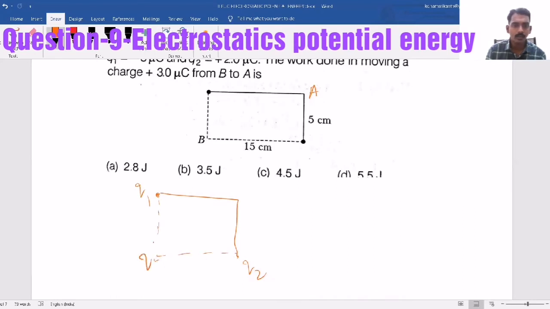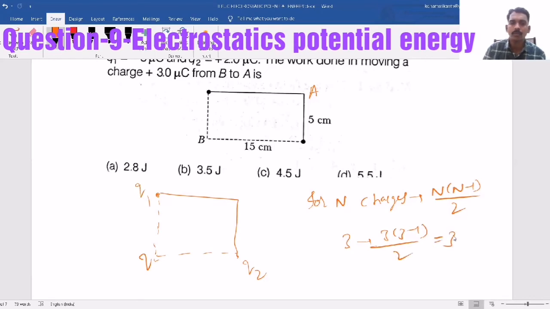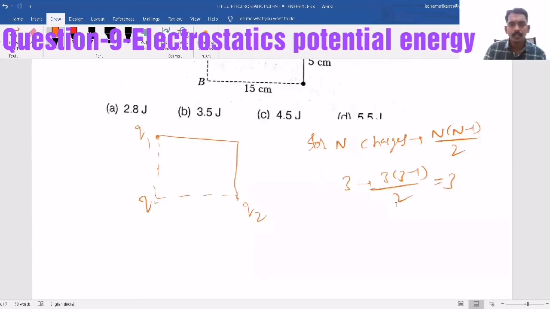Let's take that as Q. Now here three charges are there. Now for n charges, there are n into (n minus 1) by 2 combinations. So for 3 charges, 3 into (3 minus 1) by 2, that is 3 combinations will come.